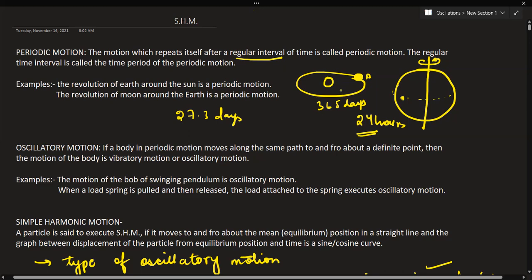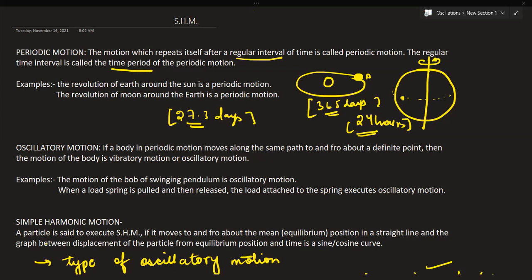This constant repetition of motion after a certain interval of time is known as periodic motion. And these time intervals, 24 hours for rotation of Earth, 365 days for revolution of Earth around the Sun, 27.3 days for revolution of the Moon around the Earth, are known as the time period of the periodic motion. Clear?